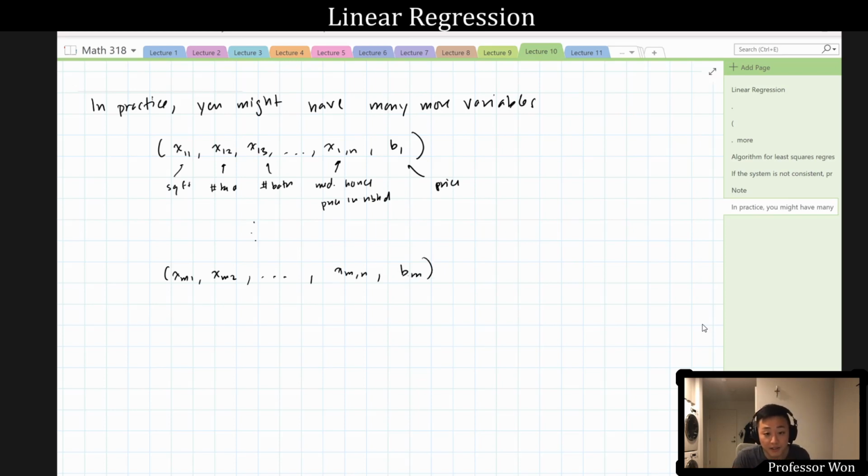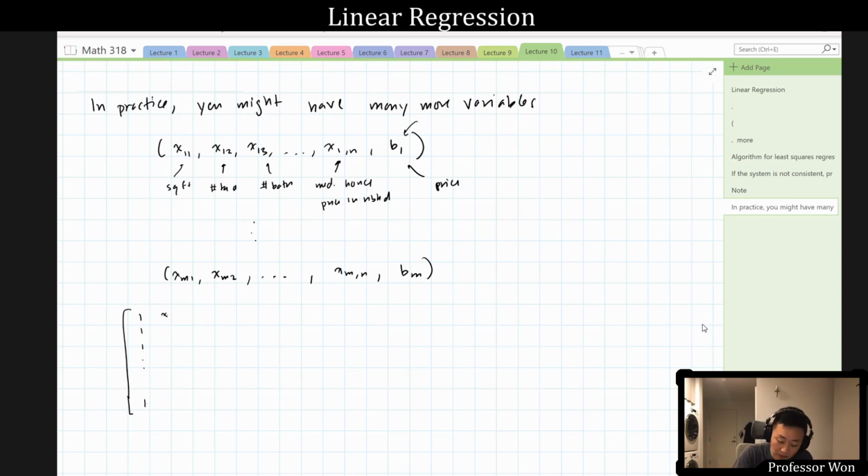I still want to know, how does this price depend on all of these factors, right? But what you do now, instead of forming an m by 2 matrix, you form an m by n plus 1 matrix, right? So you basically will always have this all ones vector. That'll be like the y-intercept on your whatever your linear term is.